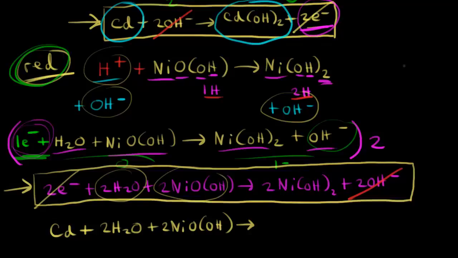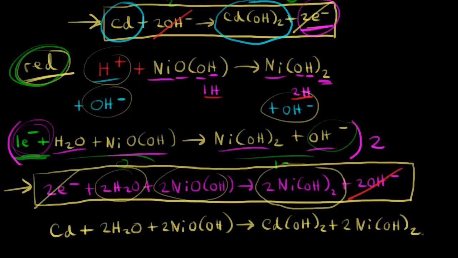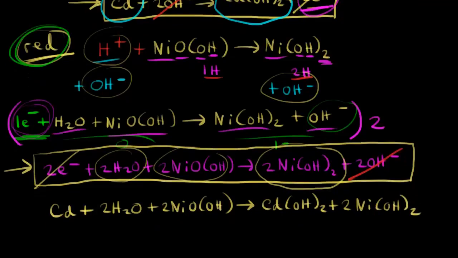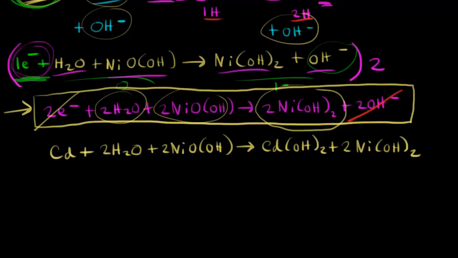We would have cadmium hydroxide, plus down here we would have 2 nickel hydroxide. So we're finally done. This is the overall reaction for what occurs in a nickel-cadmium battery.